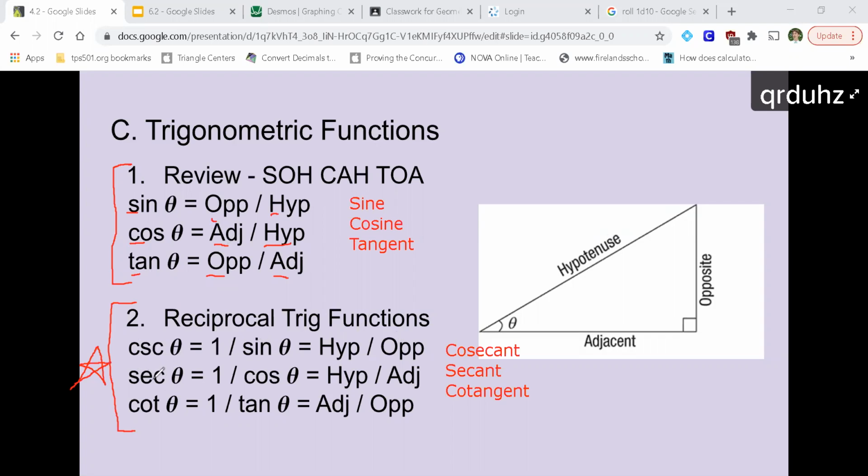The secant of an angle is the reciprocal of cosine. So instead of adjacent over hypotenuse, it's hypotenuse over adjacent. Cotangent of an angle is the reciprocal of tangent. It's 1 over tangent. So instead of opposite over adjacent, it does adjacent over opposite.